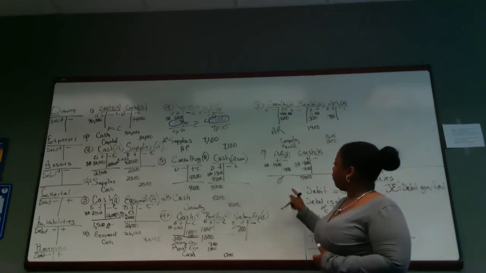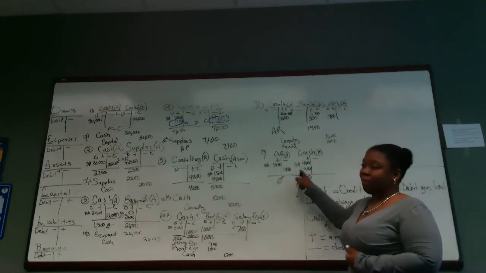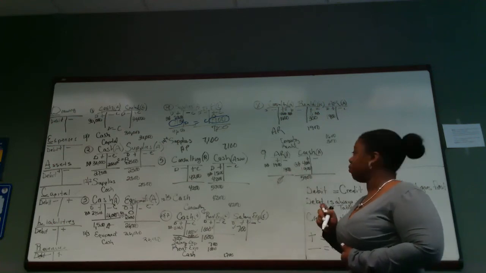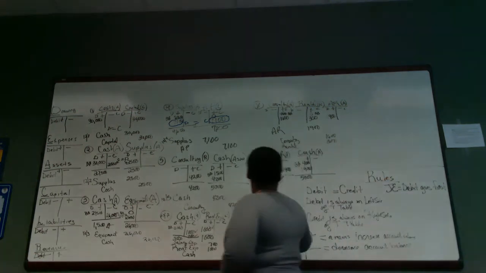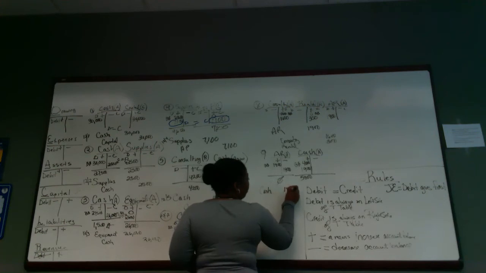What's my debit? $1,900. And what's my credit? $1,900. So my debit equals my credit. So we're going to have cash of 1,900 and credit AR for the same amount.